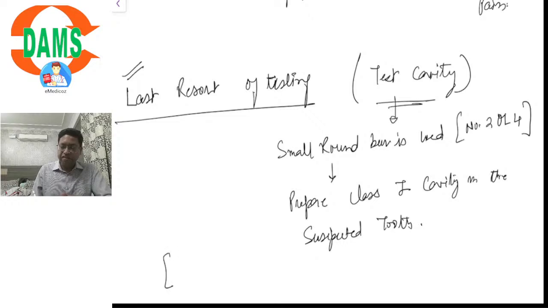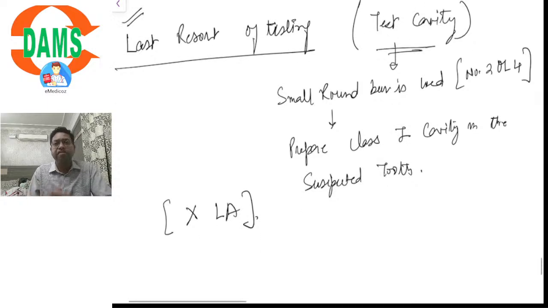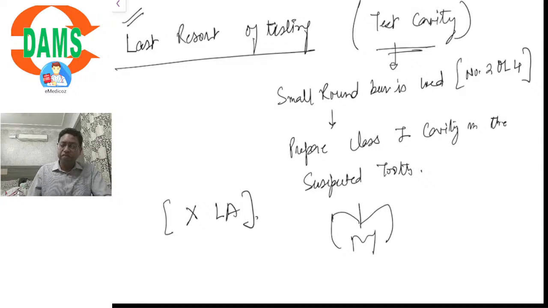An important thing is no local anesthesia is given to the patient. LA stands for local anesthesia. On a non-anesthetized tooth, we would start preparing a class 1 cavity. So if this is a tooth suspected of having a pathology, we would prepare a class 1 cavity.